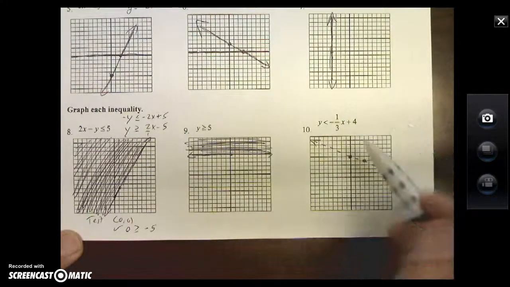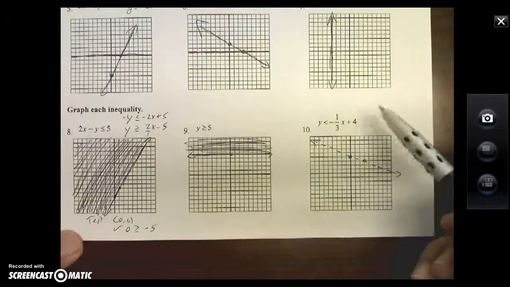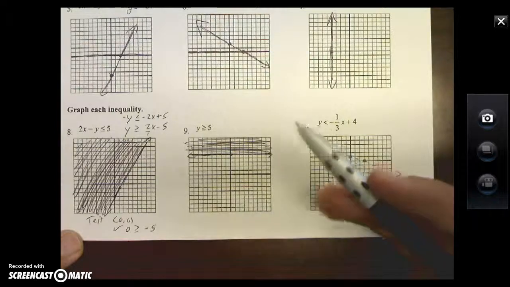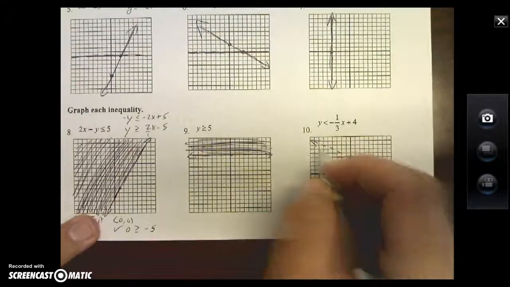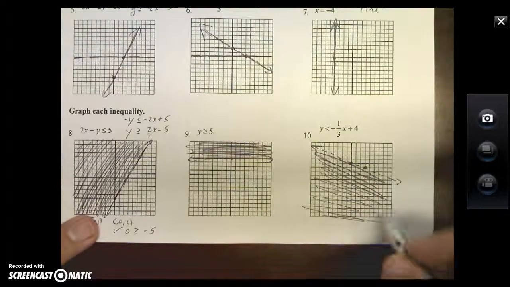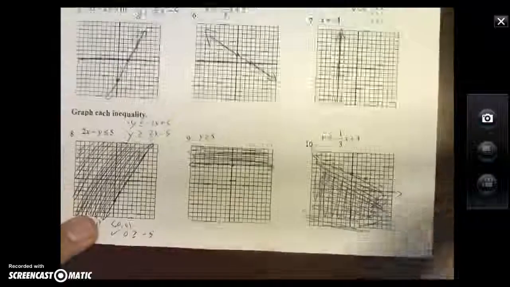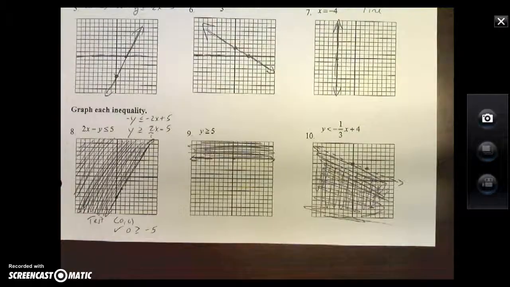That's all it's saying. Because it's less than, instead of shading above it like we did for greater than, we simply shade below it. So, again, shade everything below it, just doesn't have to be perfect. Boom, there you go. Kind of ugly, but I apologize.